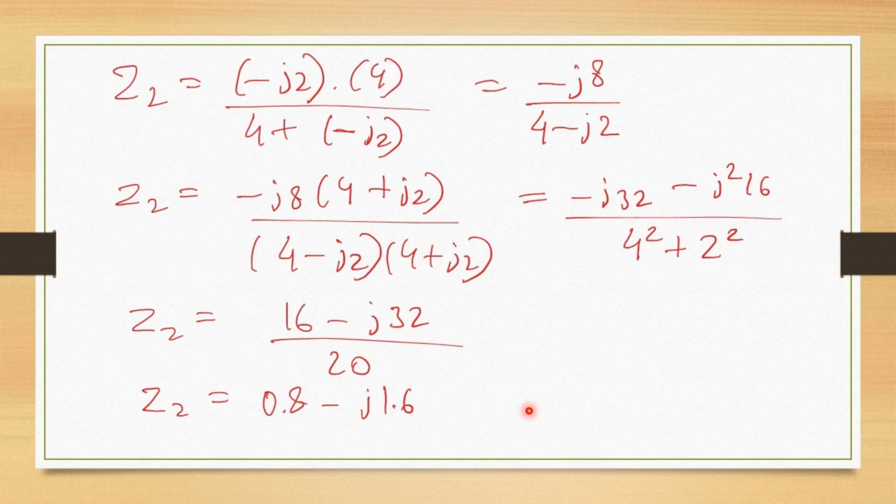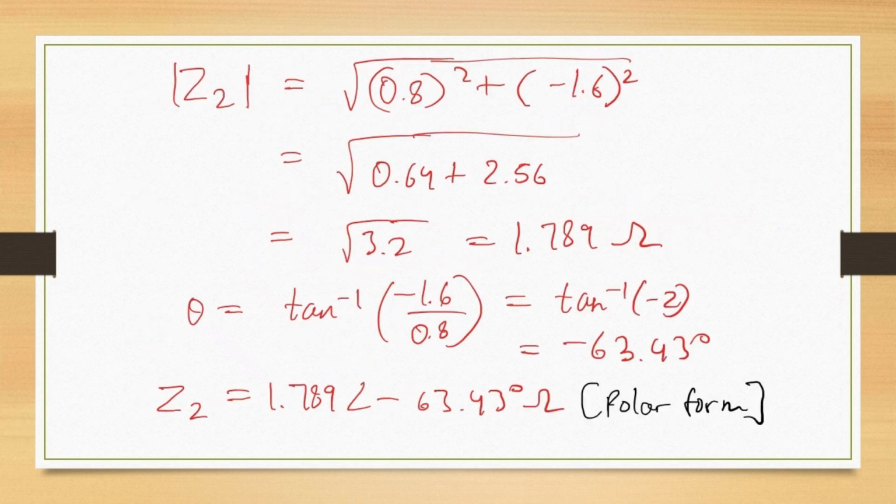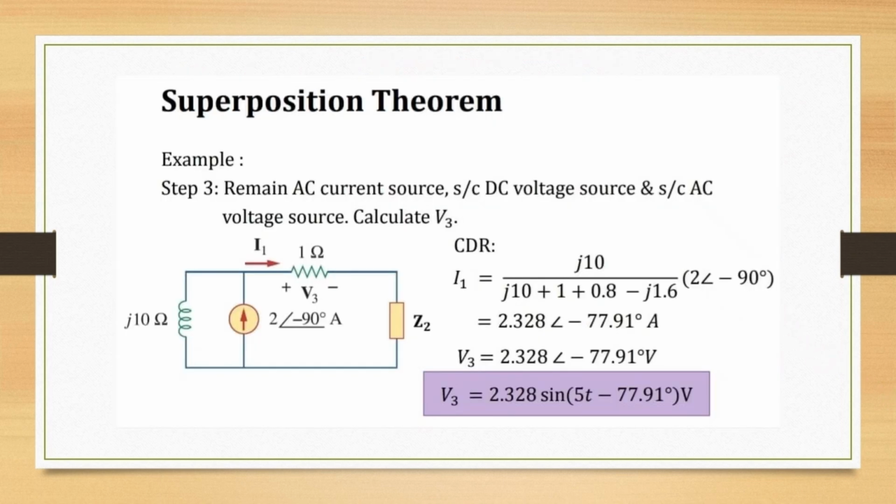This is how you find the rectangular form of Z2, which is impedance 2. And these are the steps for finding the polar form of Z2. Now here, by using the current divider rule, we can find out the value of V3. As you can see, these are the calculations for V3.